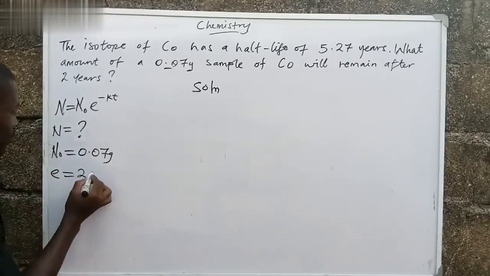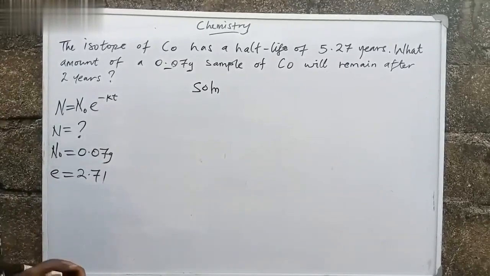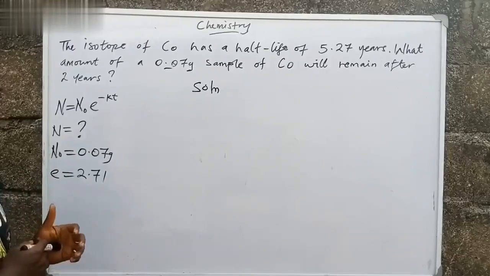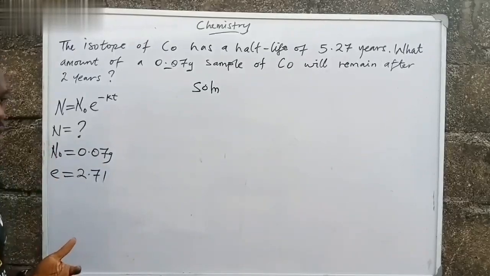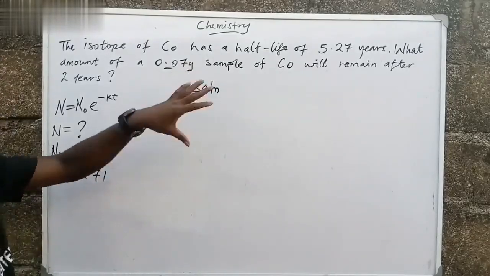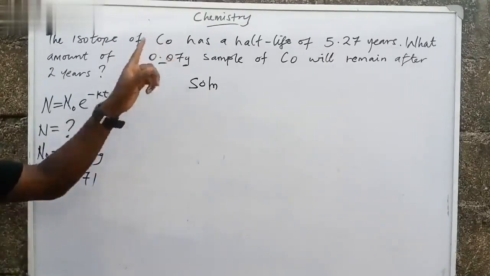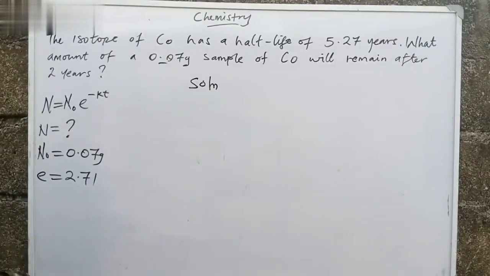The value is 2.71. e describes continuous change of a property. In this context, since we are talking about radioactivity, e describes the continuous change of this element. So the value is 2.71.